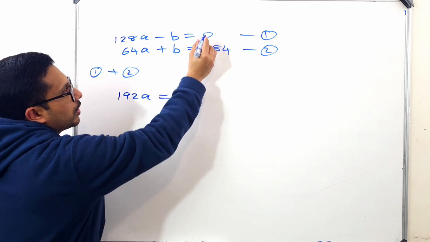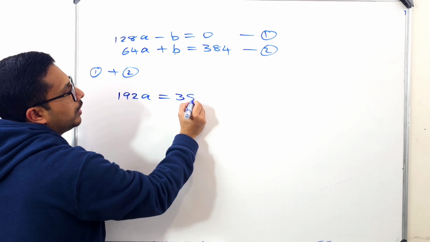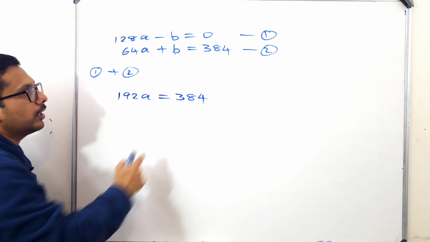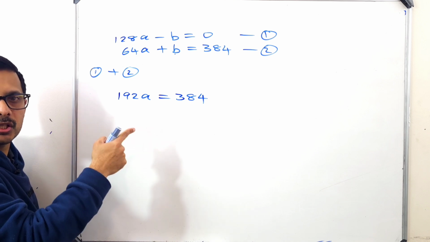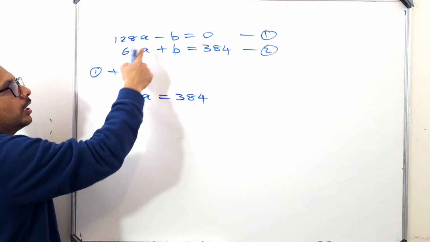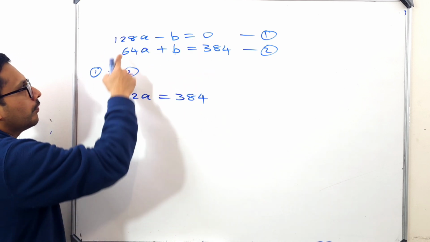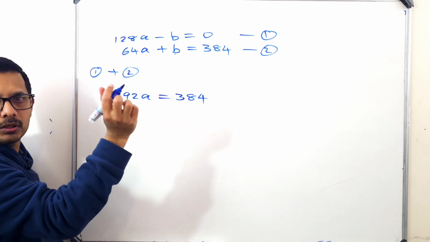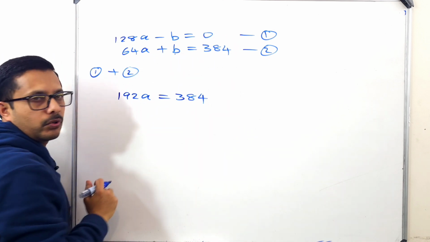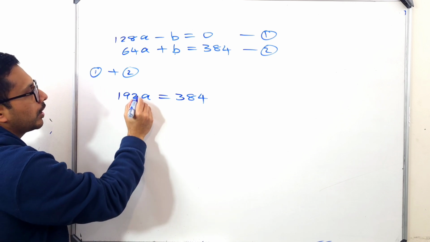Is equal to 0 plus 384, which is 384. So equation number 1 plus equation number 2 means term by term you have to add: 128 plus 64 is 192a, minus b plus b cancels, 0 plus 384 is 384. So from here, what is a?